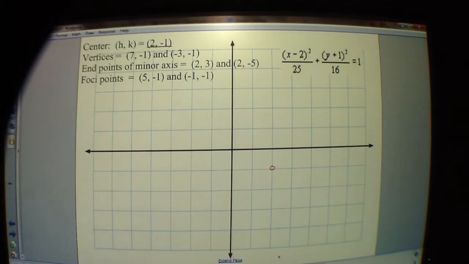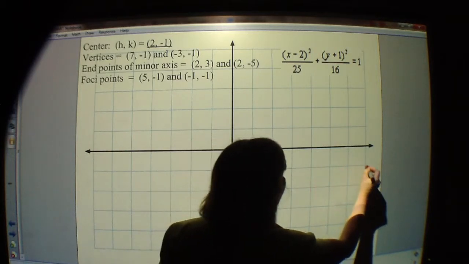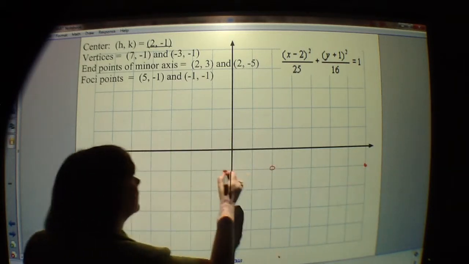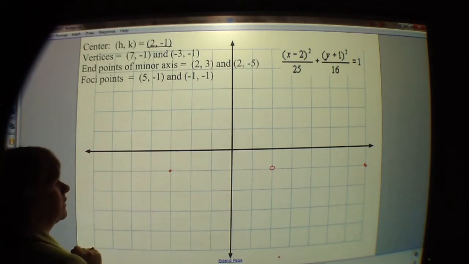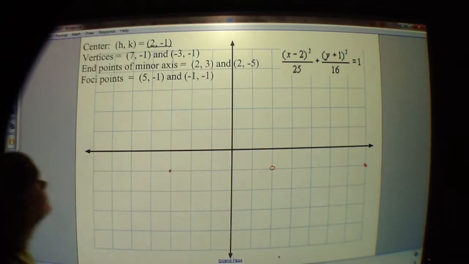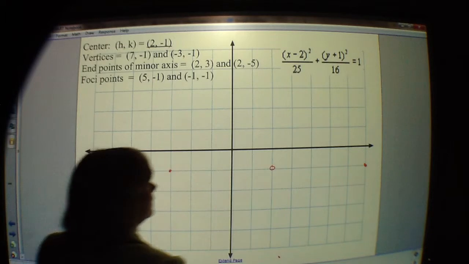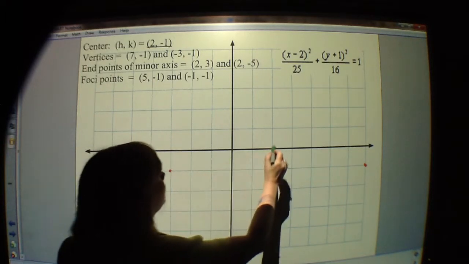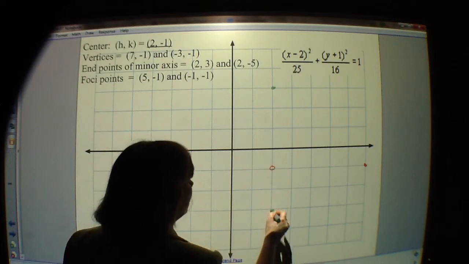And vertices, 7, negative 1, 2, 3, 4, 5, 6, 7. And negative 3, negative 1. This distance here is 5. Endpoints of my minor axis, 2, 3 and 2, negative 5.